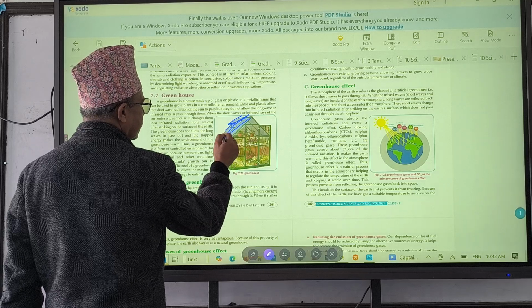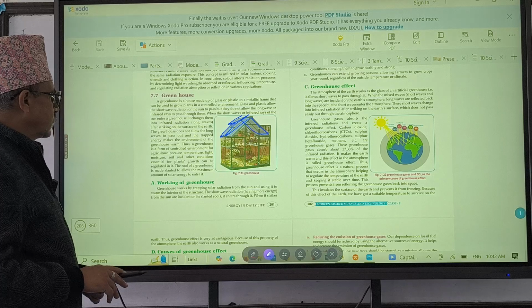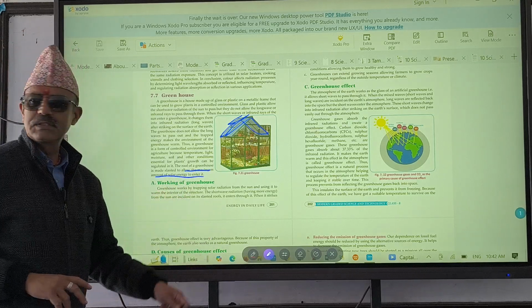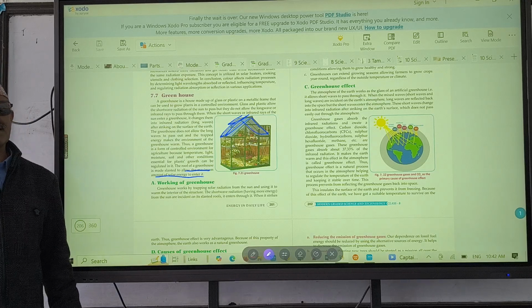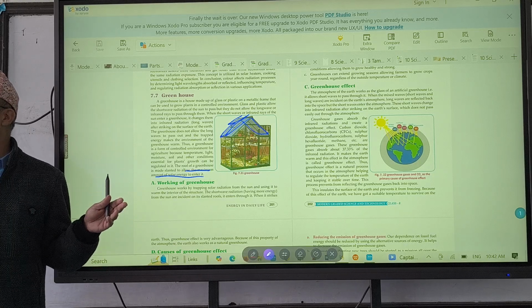Why is it made slanted? To allow the maximum amount of solar energy to enter. If it is made slanted, more solar energy comes. Area increases and temperature can be maintained well.